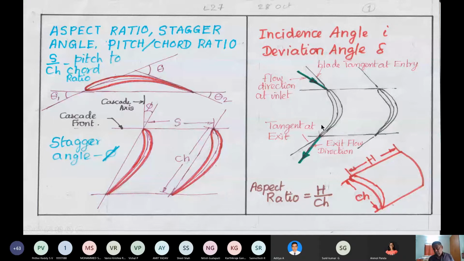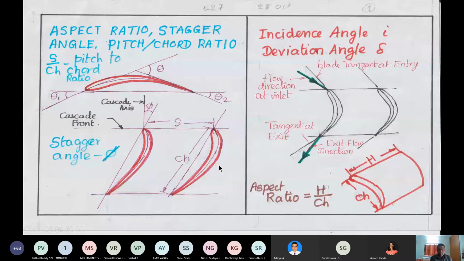So deviation and overall, the deflection of the flow direction, that is an important thing which we measure in a turbomachinery. As I had given you earlier, two important things. One is the loss, which cannot be calculated, you have to measure only. The other thing is this deviation.